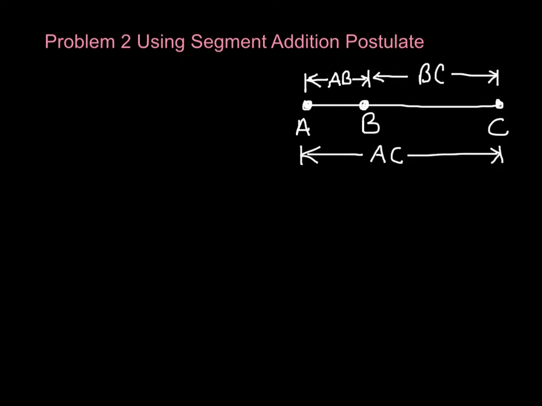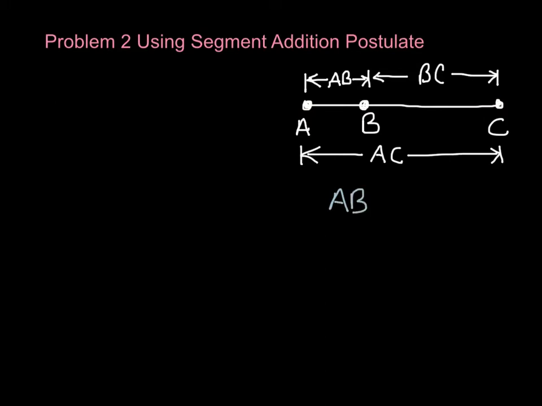Problem number 2, we're going to use postulate 6. Postulate 6 is called the segment addition postulate. Here's what it says. If 3 points, A, B, and C, are all collinear, which means they all lie on the same line, and B is between them, then you know that this segment here, which is segment AB, and this segment here, which is segment BC, if you added these together, AB, now once again, these all represent the distance because there's no label.